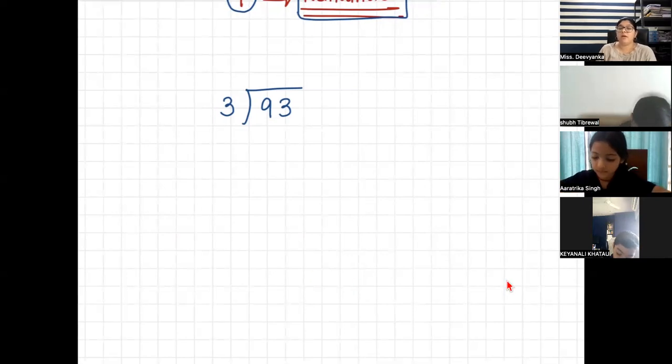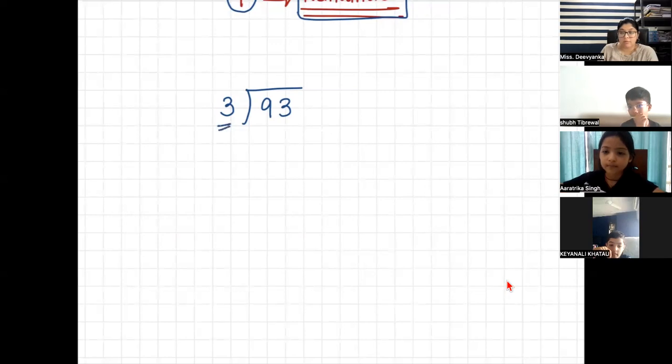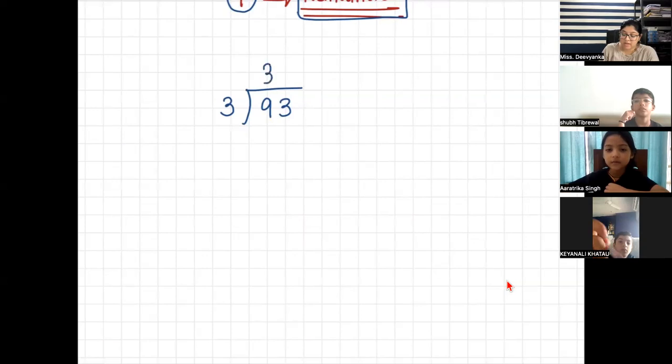Aratrika, you want to tell me how to solve this? See, we are multiplying with this number and we have to take one digit at a time. So the first digit that we are going to focus on is 9. Does 9 come in the table of 3? 3 threes are 9.